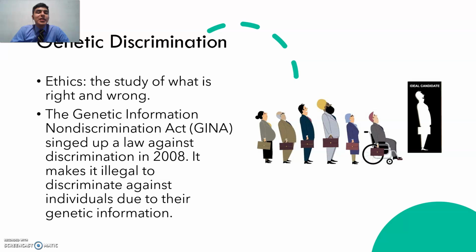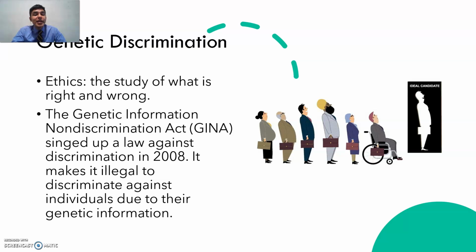And the Genetic Information Non-Discrimination Act, or GINA, is a law against discrimination signed in 2008. It makes it illegal to discriminate against individuals due to their genetic information. One more time, like rejecting someone for their beliefs or their physical appearance, etc. That's illegal in many cases.